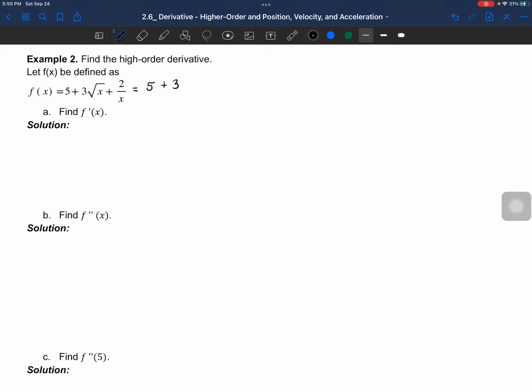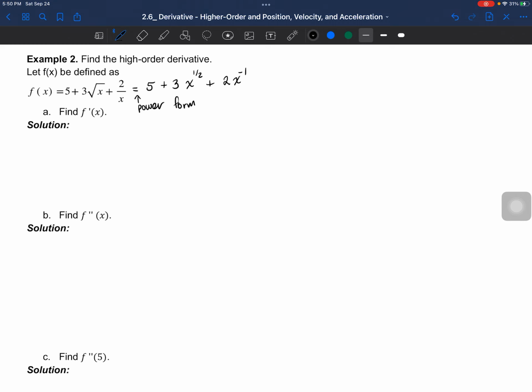The square root times the 3 turns into 3 times x to the 1/2 plus, and the x in the denominator of 2 can be rewritten as 2 times x to the -1, because we can move that variable to the numerator by changing the sign. So now this is the original function. We haven't taken the derivative yet, but it's important for us to write it in power form.